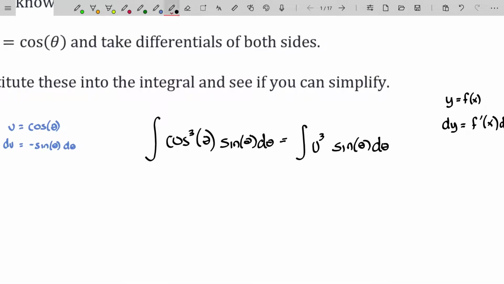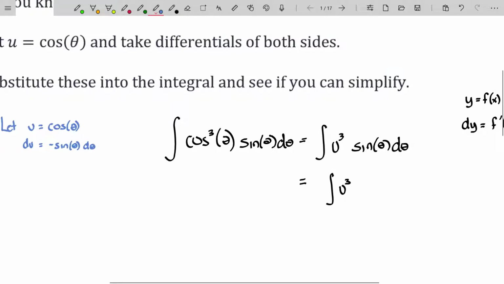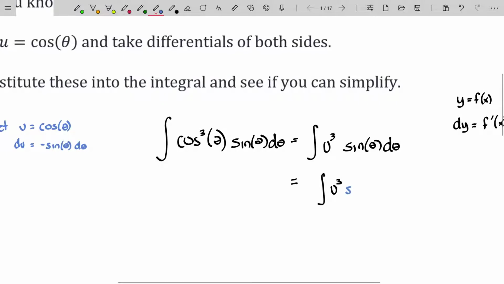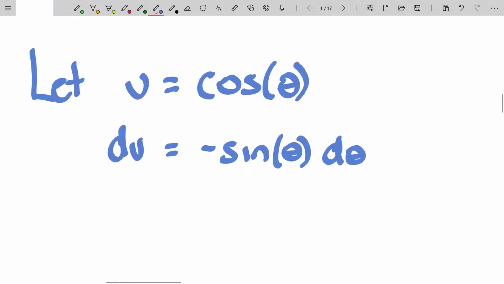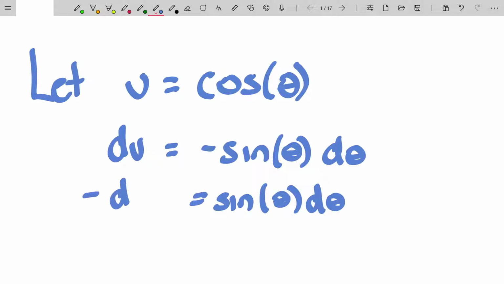But what we can do is say, oh, notice I have u cubed, sine of theta, let me write that in blue, sine of theta d theta. And notice that sine of theta d theta can be replaced by a negative du. I just multiply both sides by negative 1.